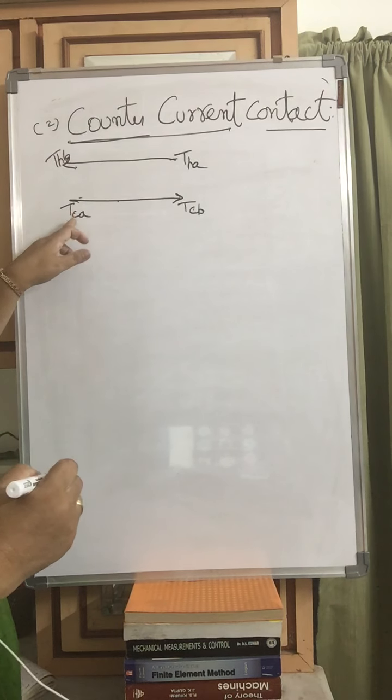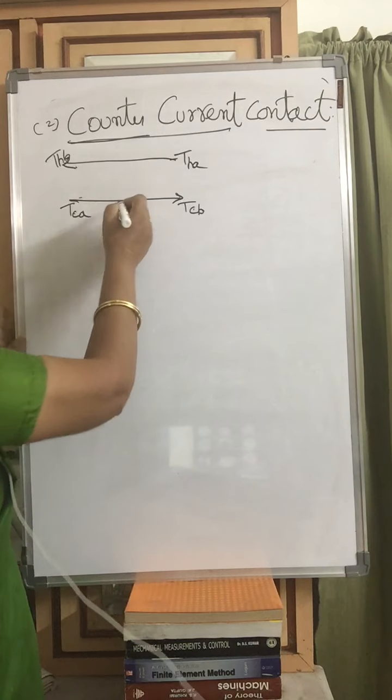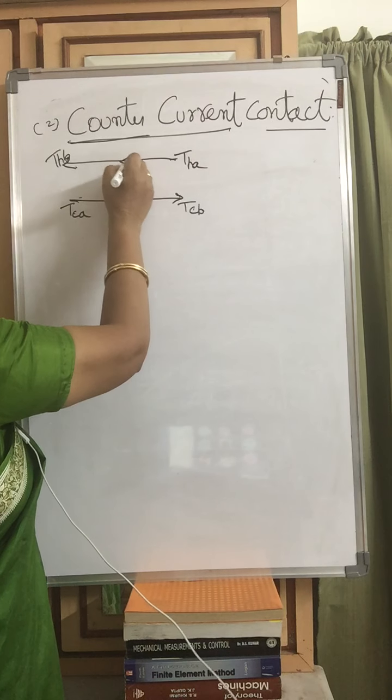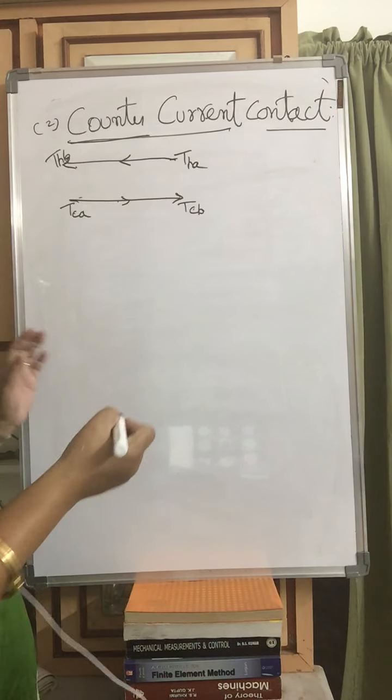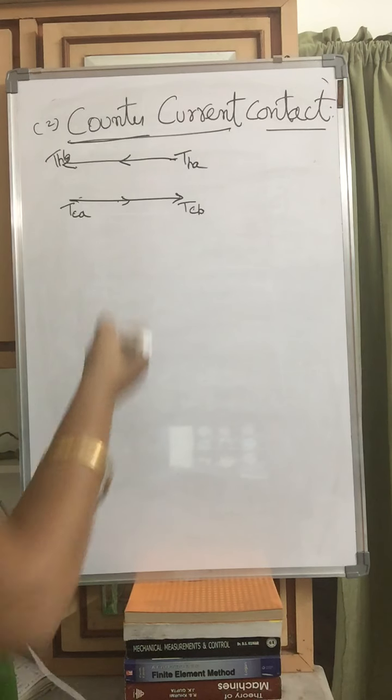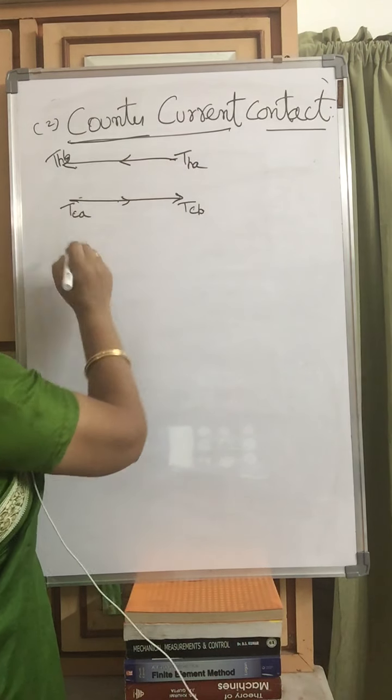See, the entering temperature is in this direction here, and hot fluid in the other. That means, how can you now define counter flow?